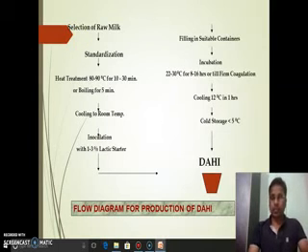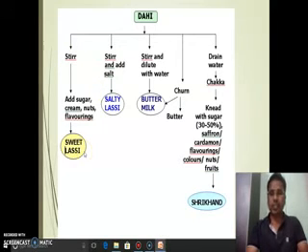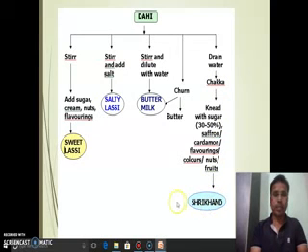And these are the various milk products prepared from dahi: sweet lassi, salty lassi, buttermilk, butter, chakka and srikhand. But out of these, we are going to see chakka and srikhand.